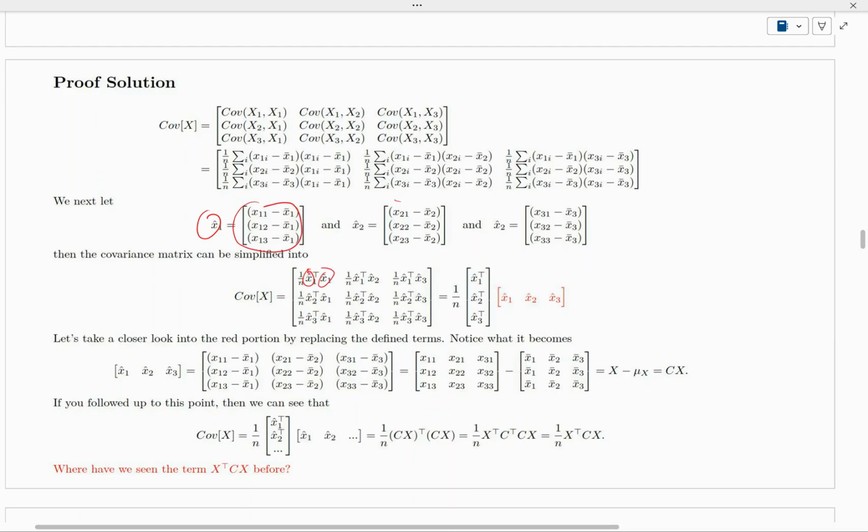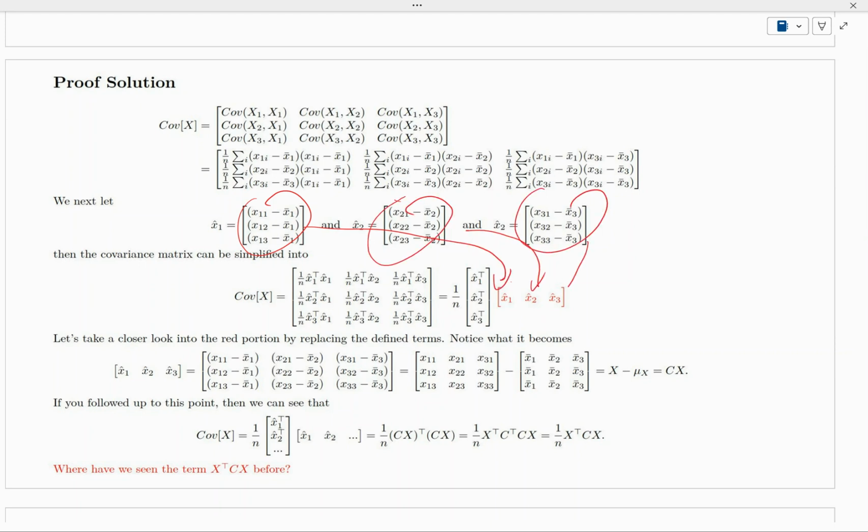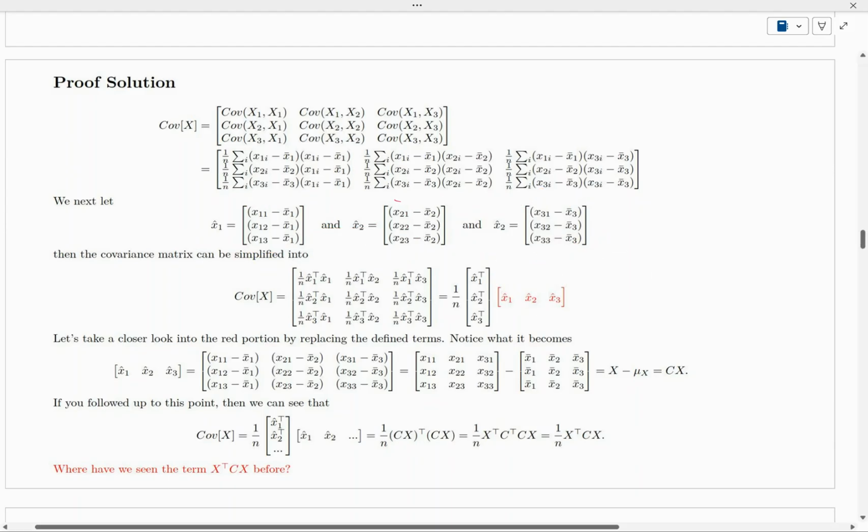If you take this and multiply by itself, it's equivalent to this term here. So this can be simplified, and now we can further simplify this. This is really the multiplication of x1 and this one. Notice how this goes here, this goes here, this goes here. All right, take a second, see if you can get that these two are equivalent.